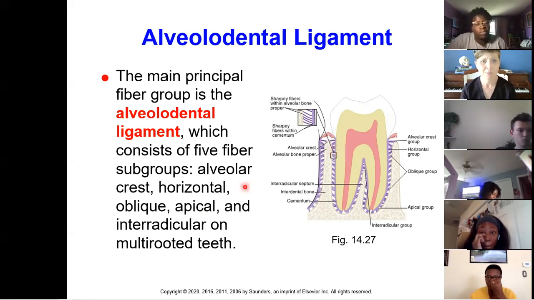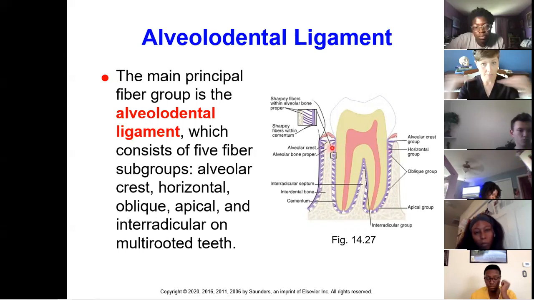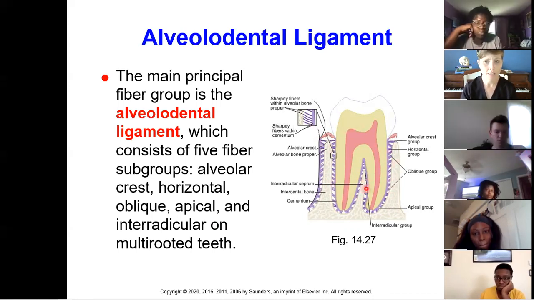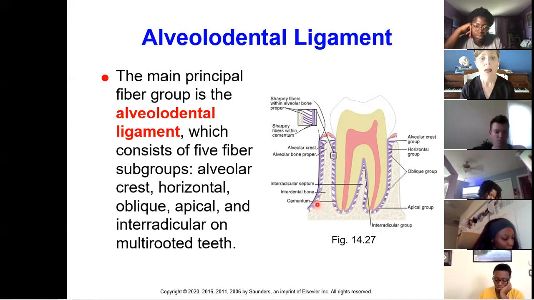Then there's horizontal, which are right up here and run perpendicular. Then there's oblique, which are on the sides, some on the inner side of the root. There are apical fibers, found at the apex of the roots. And then there's interradicular, which are the groups that touch near the bifurcation.